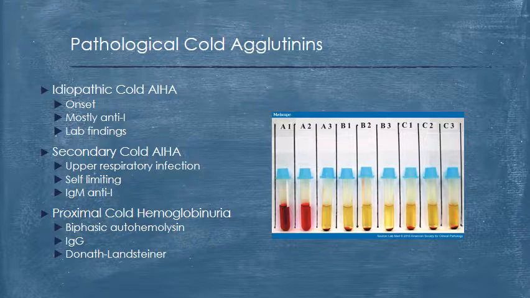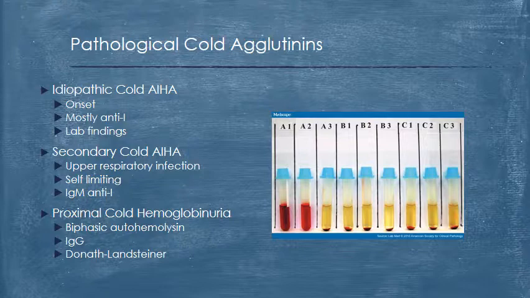where the antibody binds in the peripheral circulation, and then lysis occurs as the blood warms up again. You're going to see an increase in LDH levels because there's damage to the red cell. So as the damage increases, you're going to see LDH levels increasing.